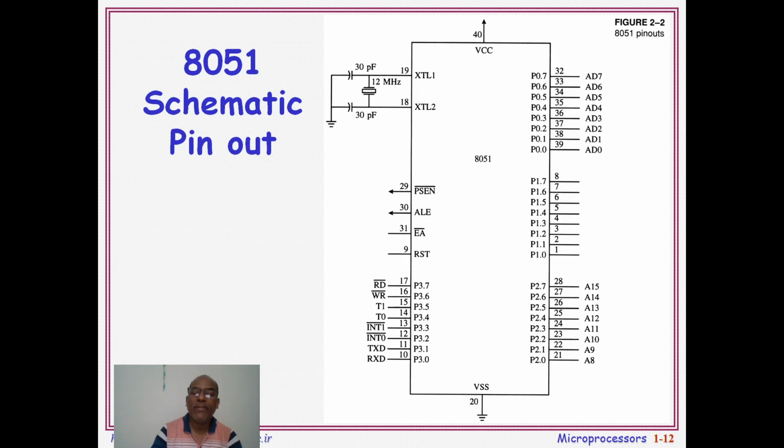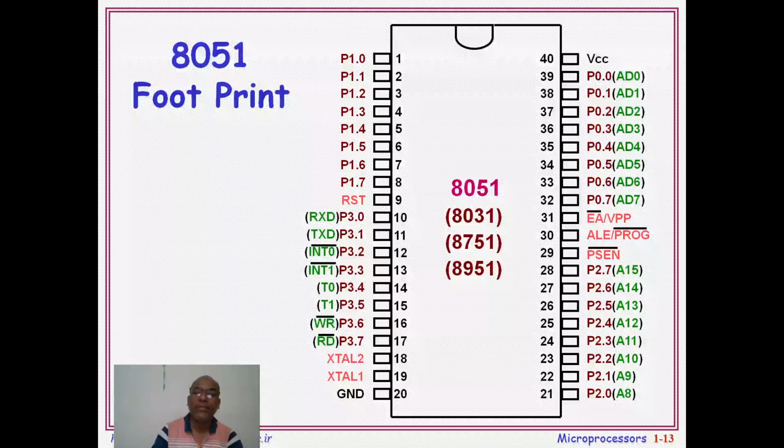Then in port 3, we use different types of signaling pins, such as RD bar, WR bar for reading and writing, timers T1, T0, then for interrupts INT0 bar, INT1 bar. Similarly, for transmission and receiver, we use pins RXD and TXD, which are pins 10 and 11.